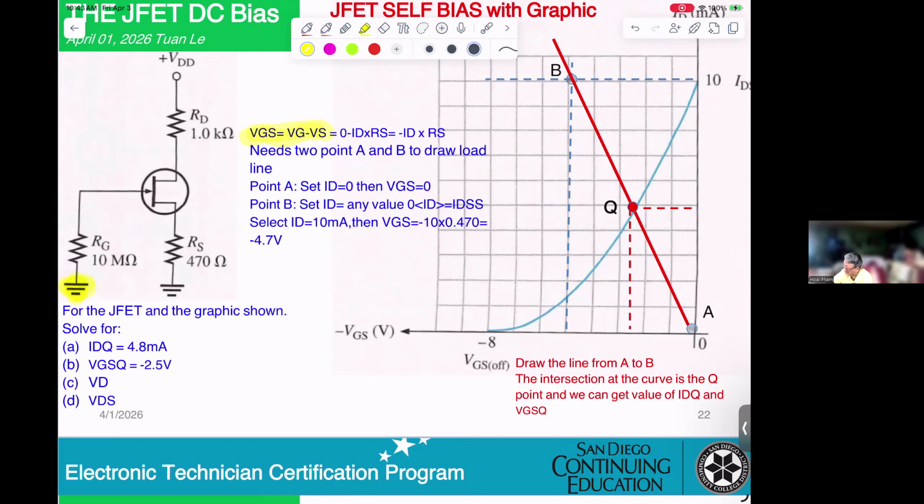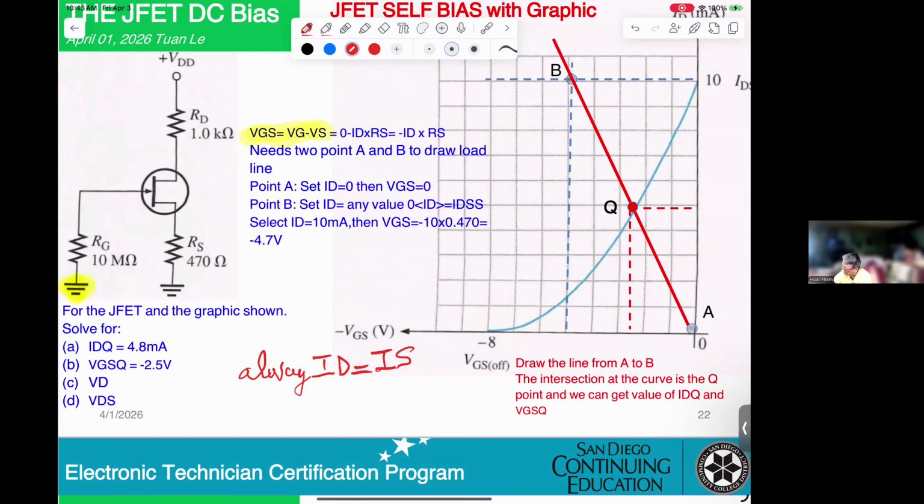One thing you must know all the time: ID will be equal IS. Okay? Either ID or IS the same.